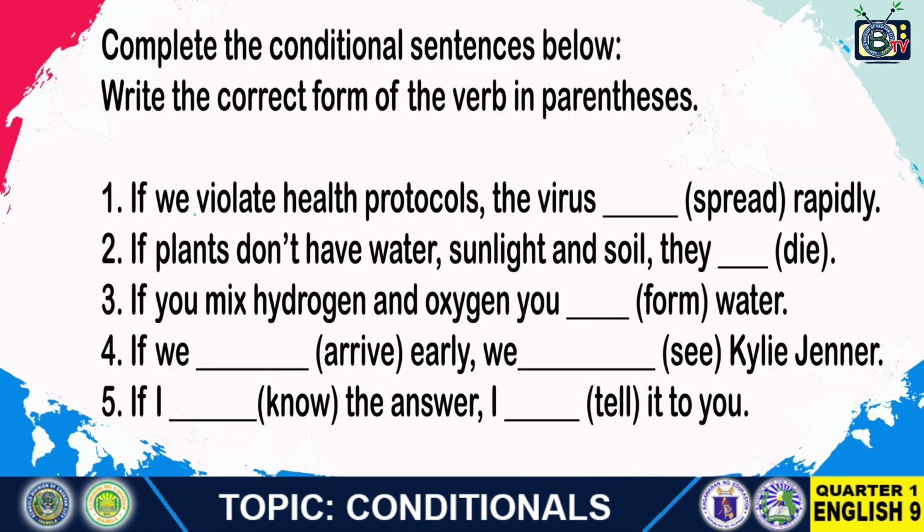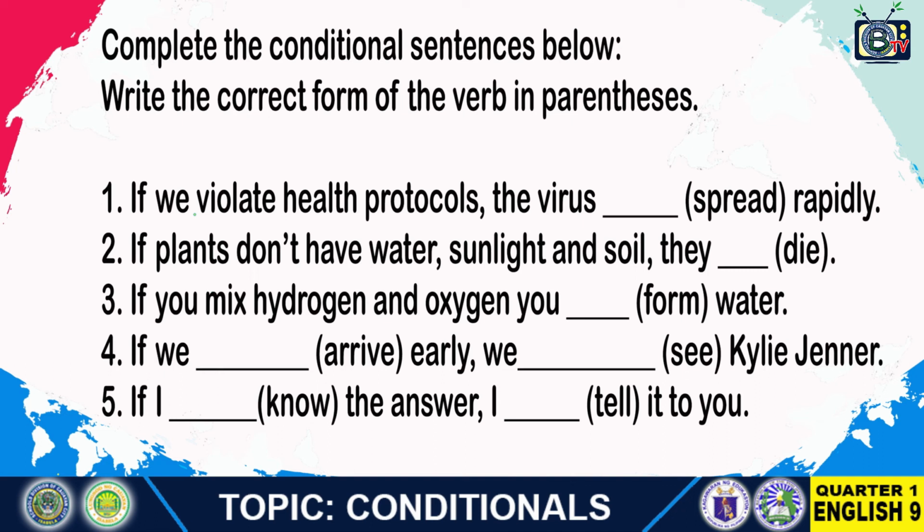Complete the conditional sentences below. Write the correct form of the verb in the parentheses. Number 1. If we violate health protocols, the virus blank rapidly. Number 2. If plants don't have water, sunlight, and soil, they blank.